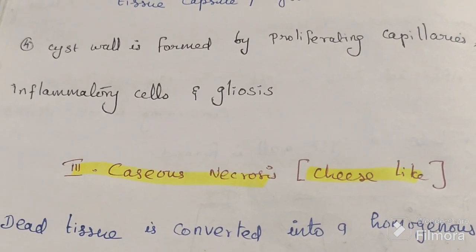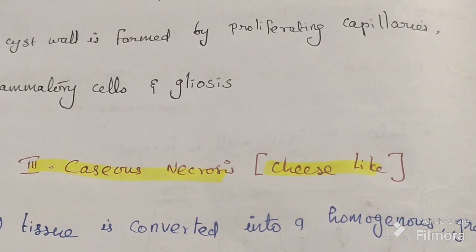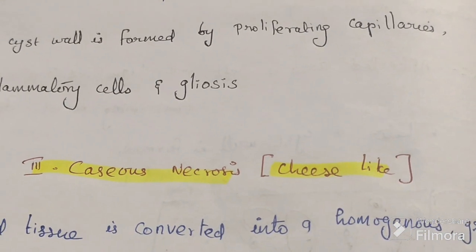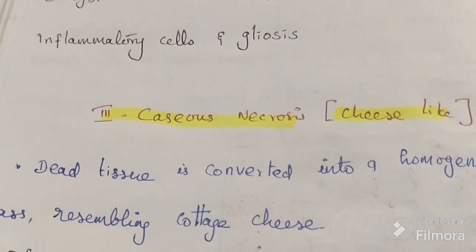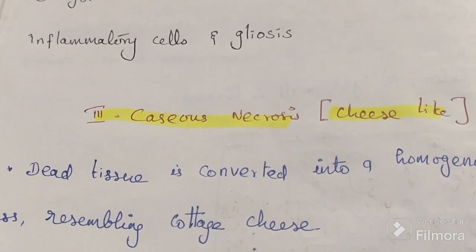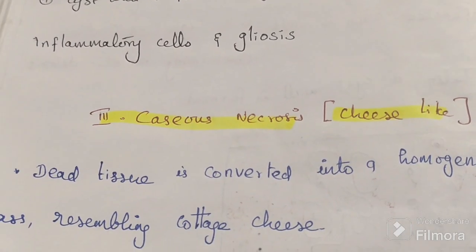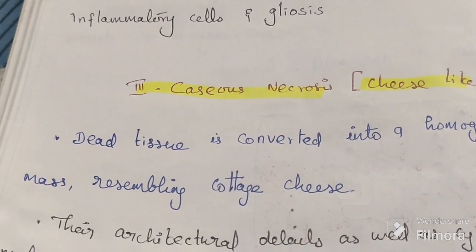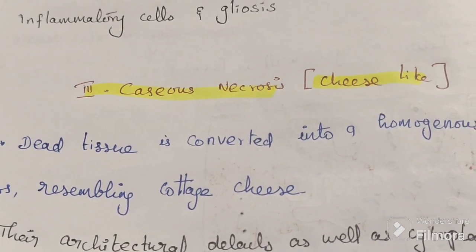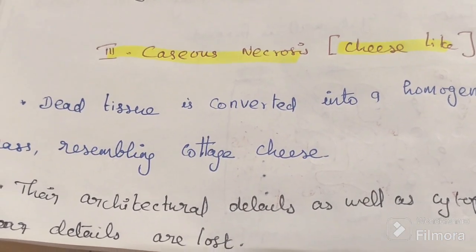Third one is caseous necrosis. Caseous is a Greek word meaning look like cheese. Here dead tissue is converted into a homogeneous granular mass resembling cottage cheese. Architectural detail as well as cytoplasmic and nuclear detail are lost.